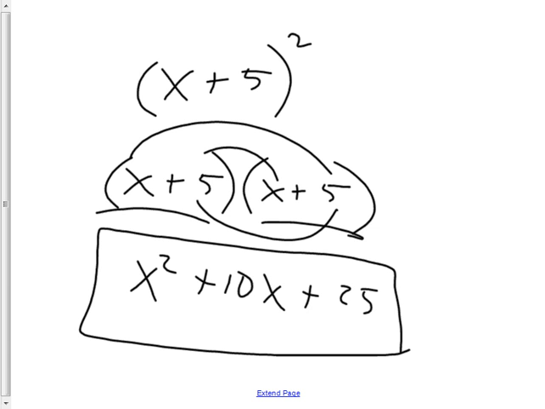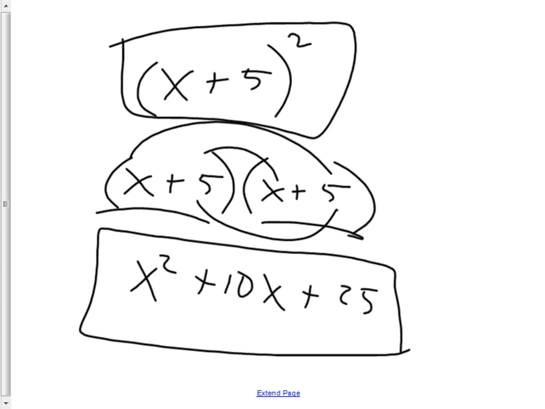It's kind of close to what people's gut instinct is, but it is not the same. You need that 10x in there, otherwise you're doing it wrong. Does that make sense? Don't fall into that trap. You're going to see that many, many times. They're going to give you this kind of a thing, and people are going to think, oh, x squared plus 25. Wrong.